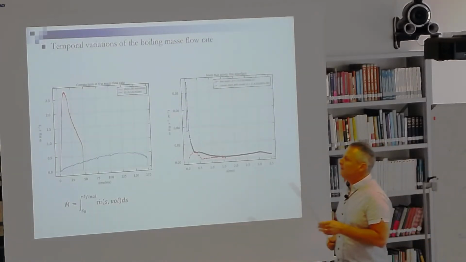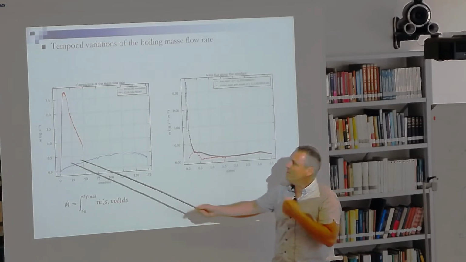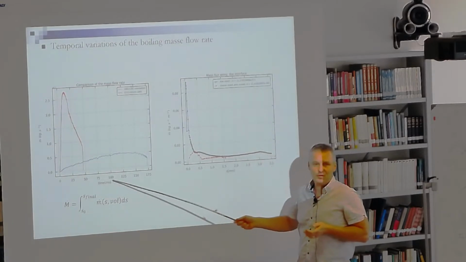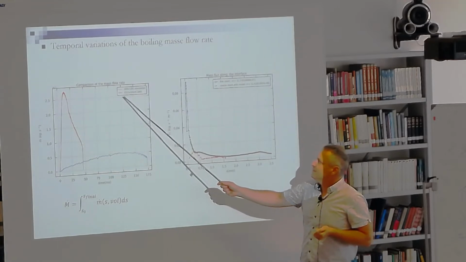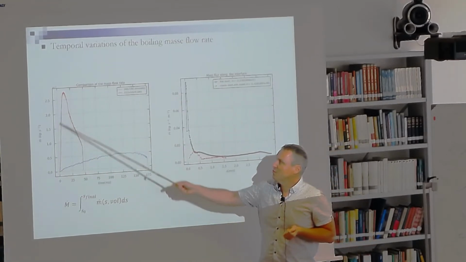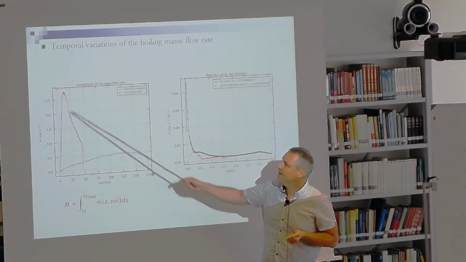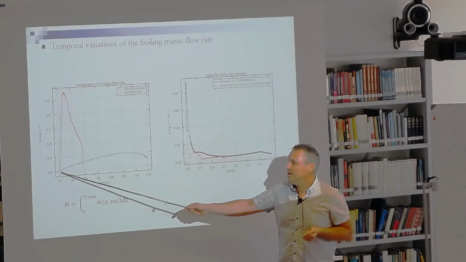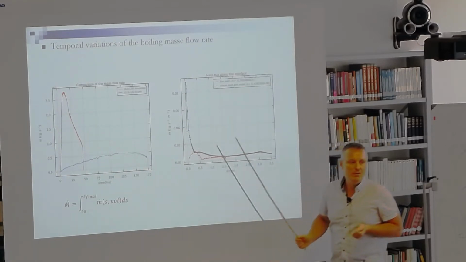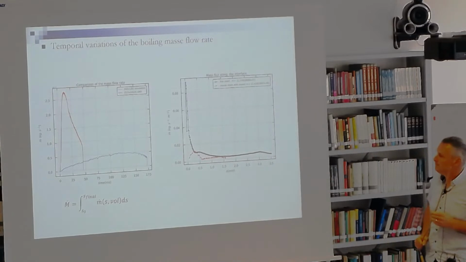If we plot the temporal evolution of the total mass flow rate, we see with the DNS a strong peak at this moment, and next a decrease. And with the coarse grid, it is strongly underestimated.